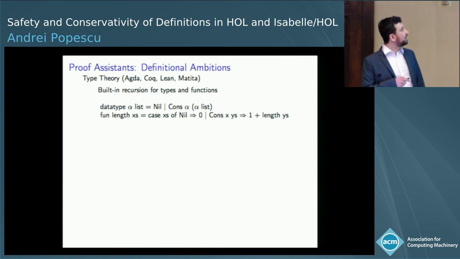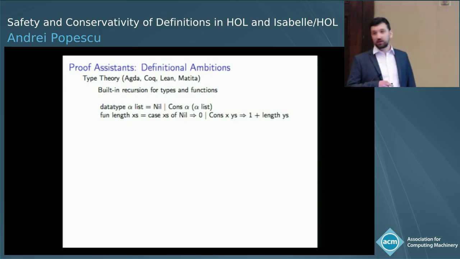But we have type theory-based provers such as Agda, Coq, Lean, Matita. And they have recursion, sometimes co-recursion as well, built in for types and for functions. For instance, I'm using ML-like notation here. You can define the data type of lists as a nil and a cons. So this is a recursive definition, and you can define things like length. So you have recursive type definitions and recursive function definitions built into the logic.